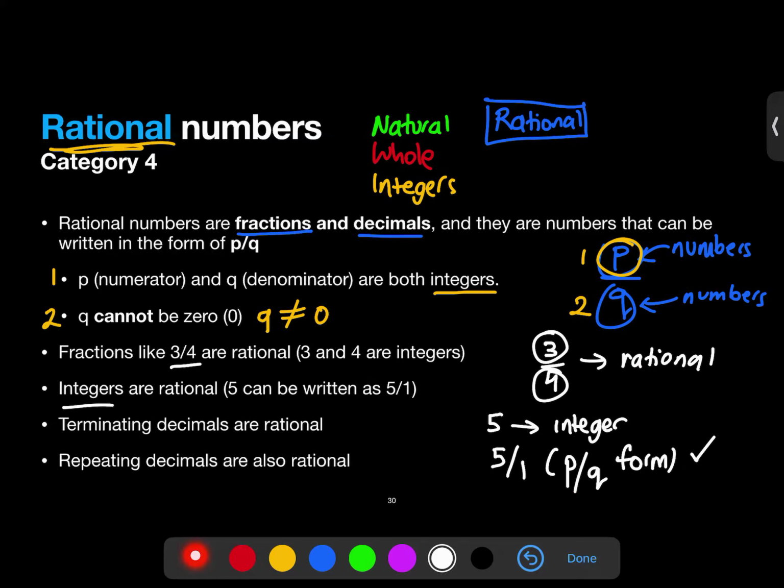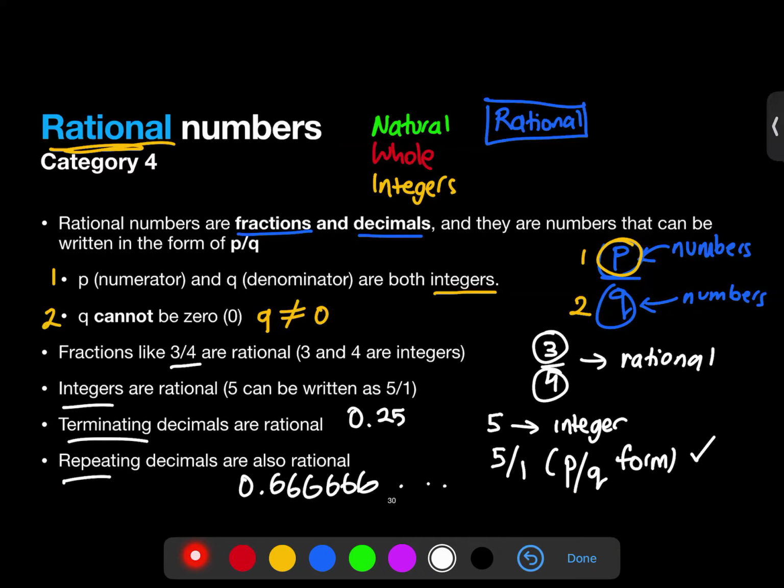Lastly, in terms of decimals, terminating decimals, so decimals that end, are rational, and repeating decimals also are rational. So terminating decimal is something like 0.25. Repeating decimal is something like 0.66666 and so on.